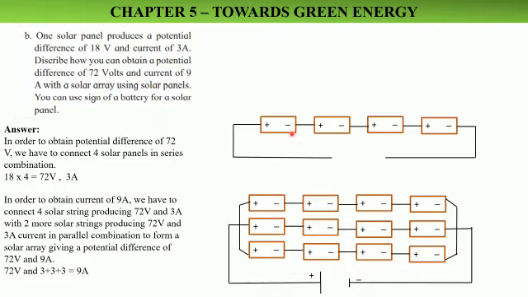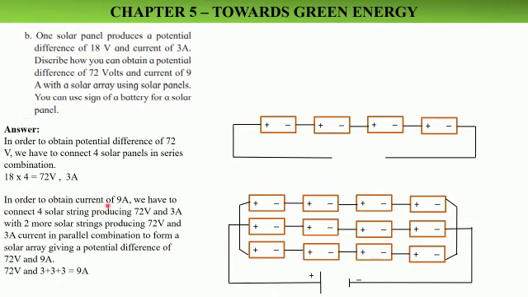We know that when cells or solar panels are connected in series combination, the total potential difference will be the sum of the potential difference across each solar panel. The current flowing through each of these solar panels will remain the same. Here it is 3 amperes. So the total potential difference will become 18 into 4, that is 72 volts.